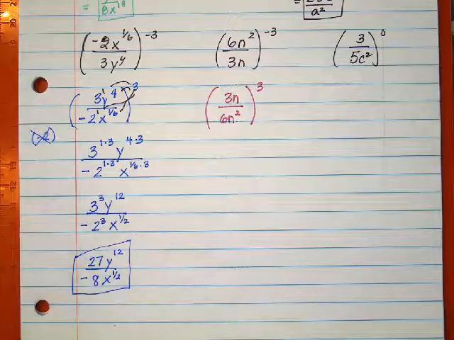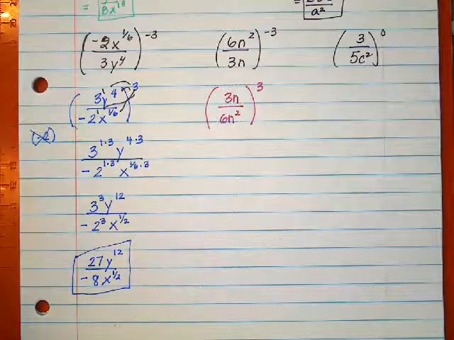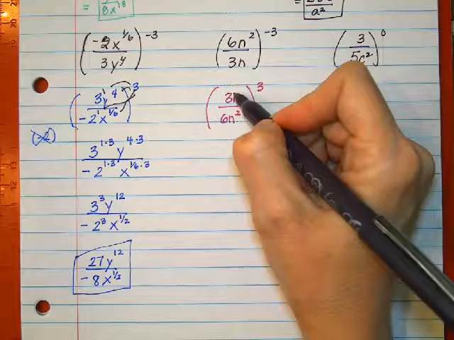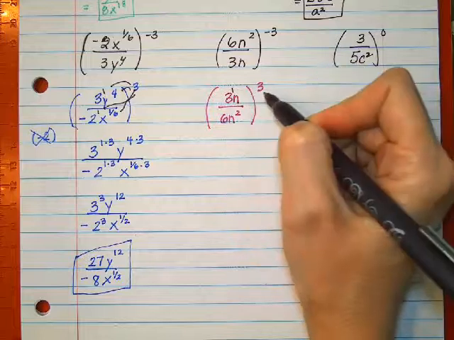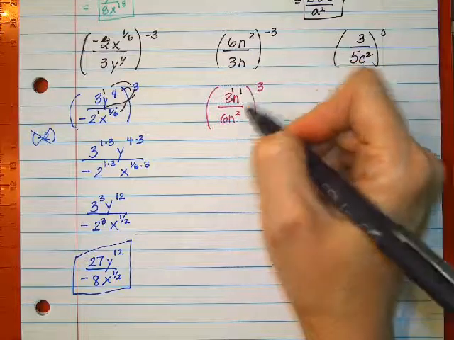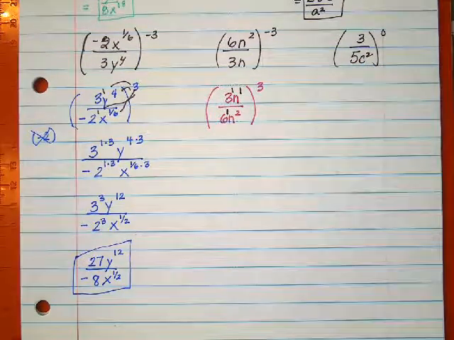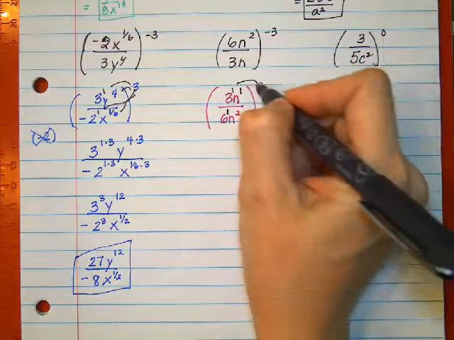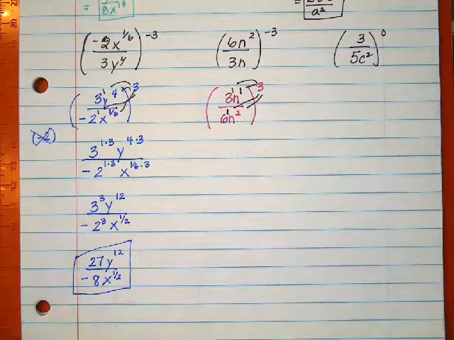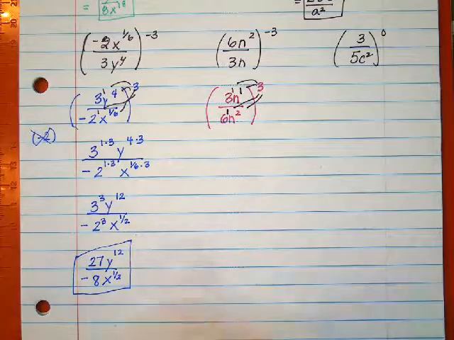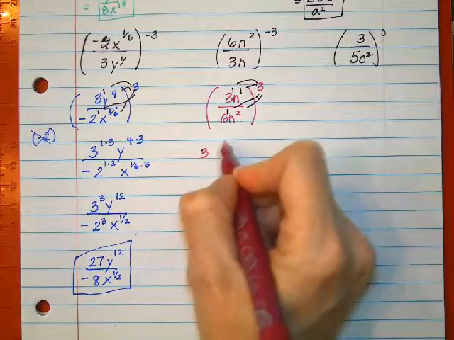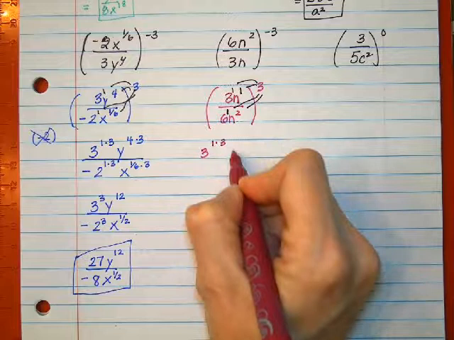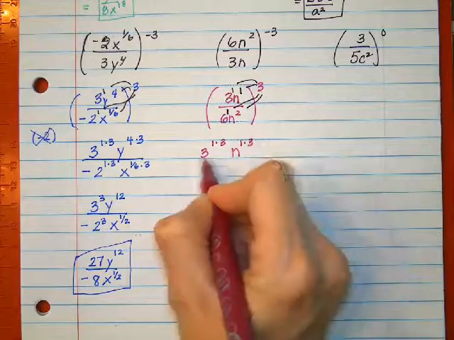All right, so I'm going to look in my guy here and see that I do not have an exponent with my 3 visibly, so I'm going to put the 1 there. Same thing with my n, and same thing with my 6. So I want to multiply 3 times each of these exponents on the inside. So when I do, I got 3 to the 1 times 3, and n to the 1 times 3 on the numerator.